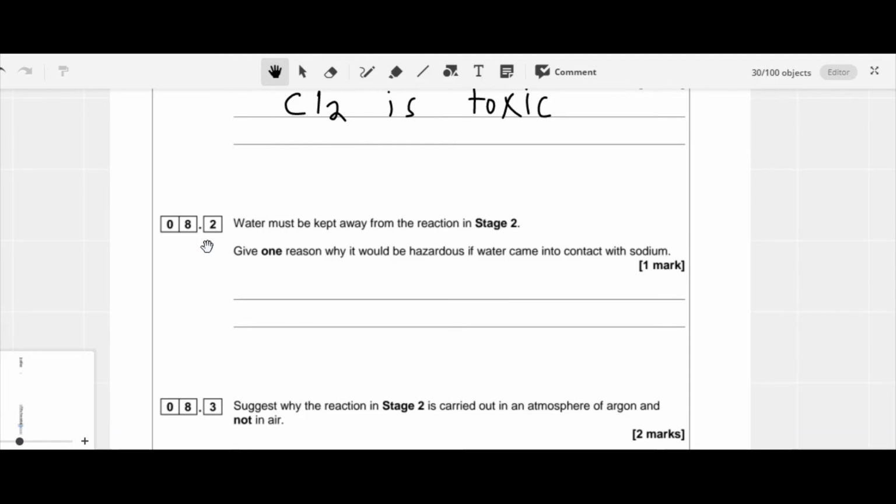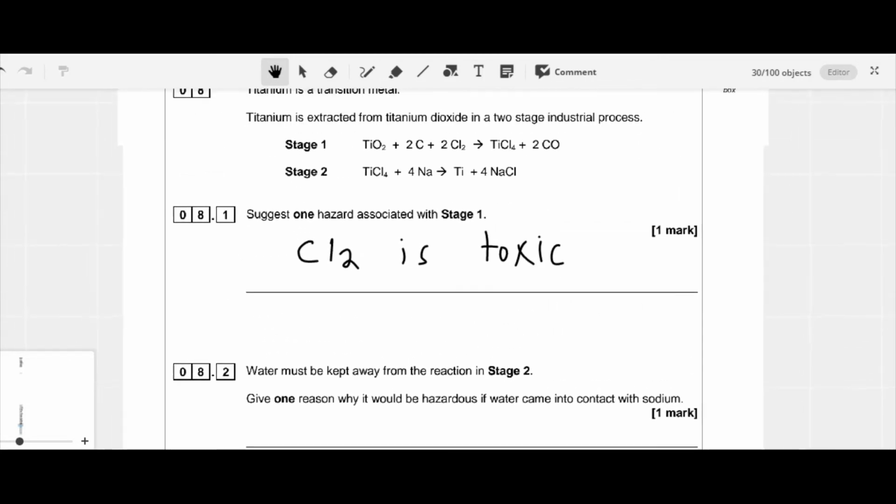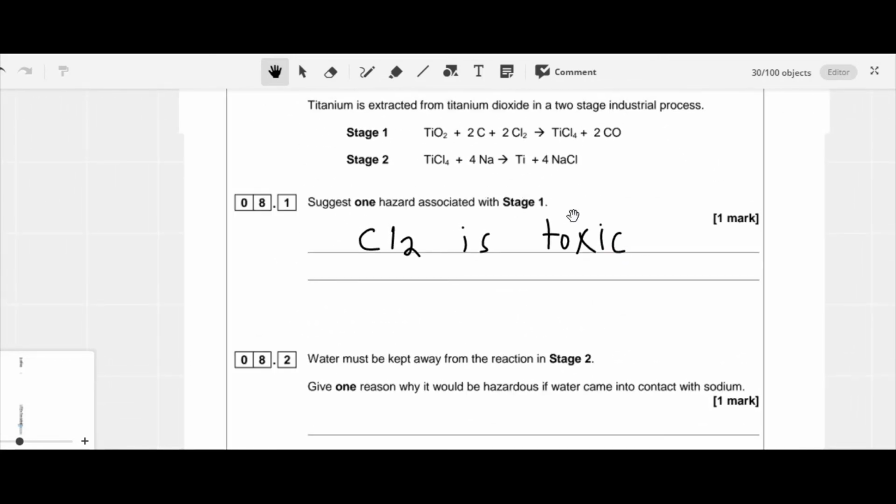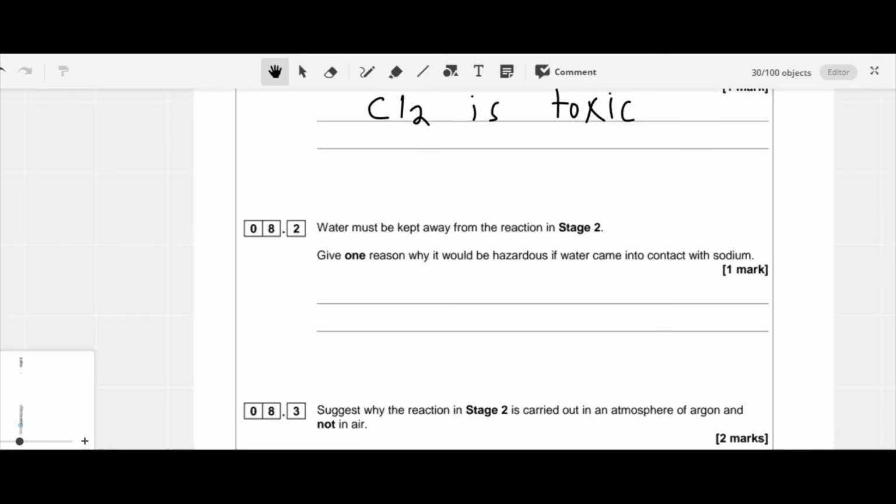Now question number 8.2. Water must be kept away from this reaction in stage 2. Give one reason why it would be hazardous if water comes in contact with sodium. As we know, in stage 2 we use sodium. If sodium reacts with water, there is a chance of a very exothermic reaction.